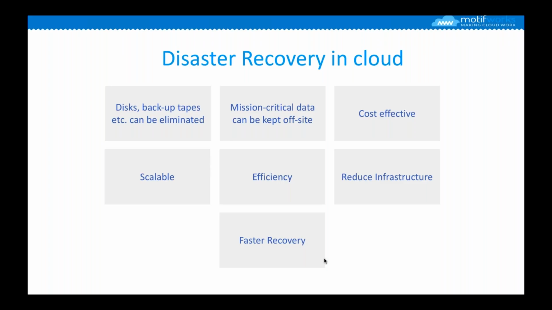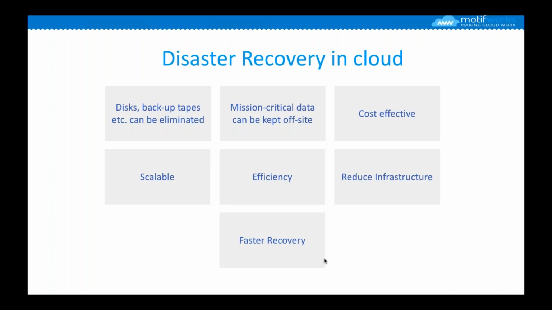Then the next thing is, if you have mission critical data, because of the way the cloud is set up, it is redundant by nature. They have designed it like that. They have so many different locations available, east, west. You can go across continents if you are very concerned about your data. So you can put your data in different regions in case a disaster happens.